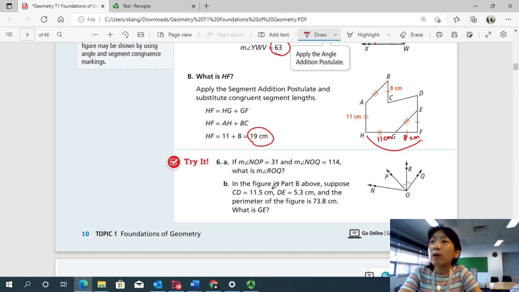In the figure in part B above, suppose CD here is 11.5 and DE is 5.7, and the perimeter, the entire measure around the figure, is 73.8. So what is GE? Pause the video, see if you can figure it out by yourself. Come back when you're ready for answers.